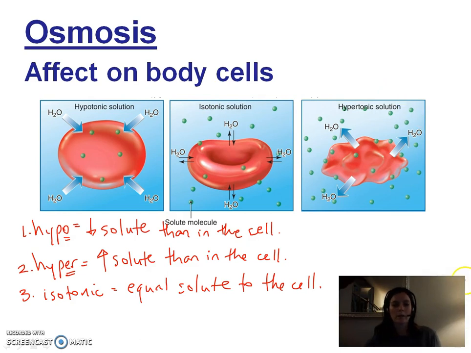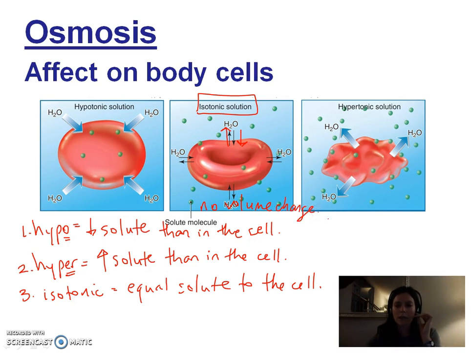Here we go. So if we start with an isotonic solution, remember isotonic means equal. So we have equal amounts of solute inside and equal amounts of solute outside. That means that water moves in and out at the exact same rate. So there is no volume change. Does that make sense?